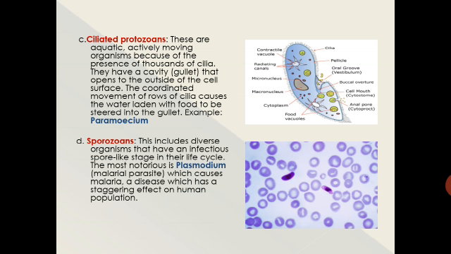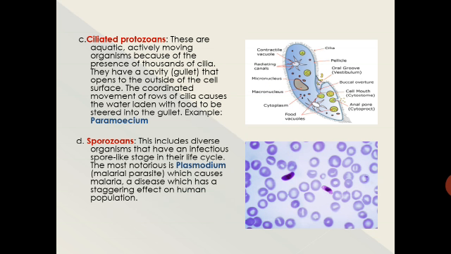The last one is sporozoans. This includes diverse organisms that have an infectious spore-like stage in their life cycle. The most notorious is Plasmodium, which causes malaria, a disease which has a staggering effect on the human population.